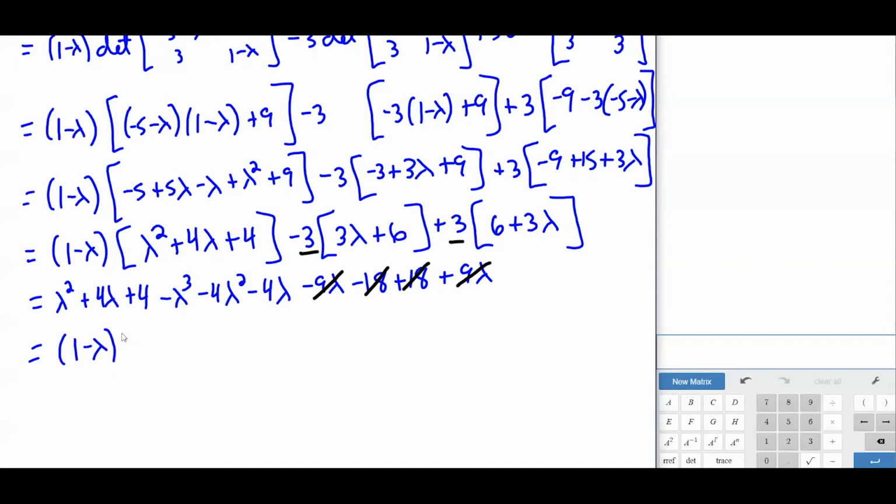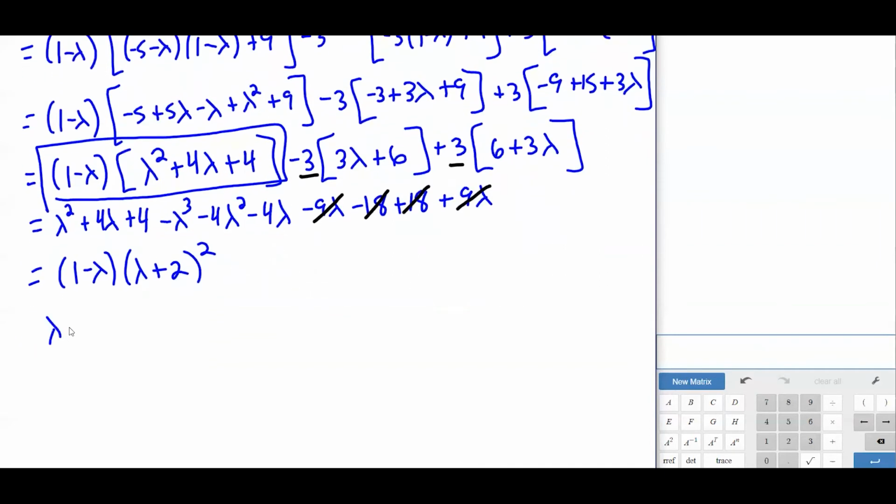Okay, well, we get 1 minus lambda times lambda plus 2 squared. Right, I just went back to this part. 1 minus lambda, and then this guy is a perfect square, lambda plus 2 squared. So we'll say lambda equals 1 and lambda equals -2 with multiplicity equal to 2.